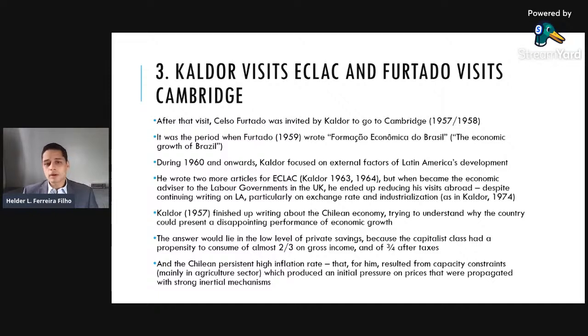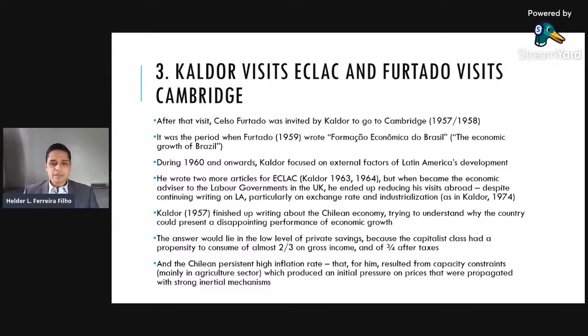He wrote two more articles for ECLAC in '63 and '64, but when he became the economic advisor to the Labour government in the UK, he ended up reducing his visits abroad, including to Latin America. However, he continued to write about Latin American economies, particularly on the role of the exchange rate and of industrialization in development, like in Calder 1974, for instance.